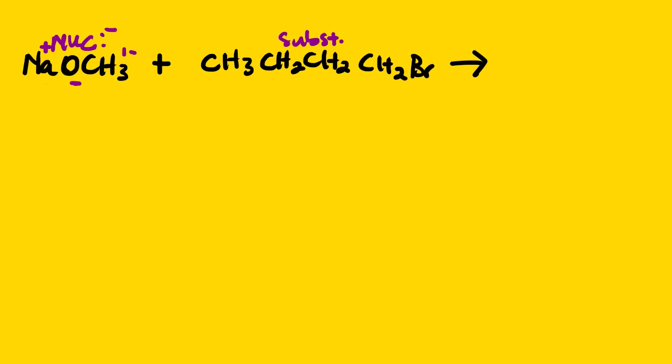So let us draw the Lewis diagram for this. If we had to write this, we can simply write it like this. And then we have our oxygen having that negative charge.